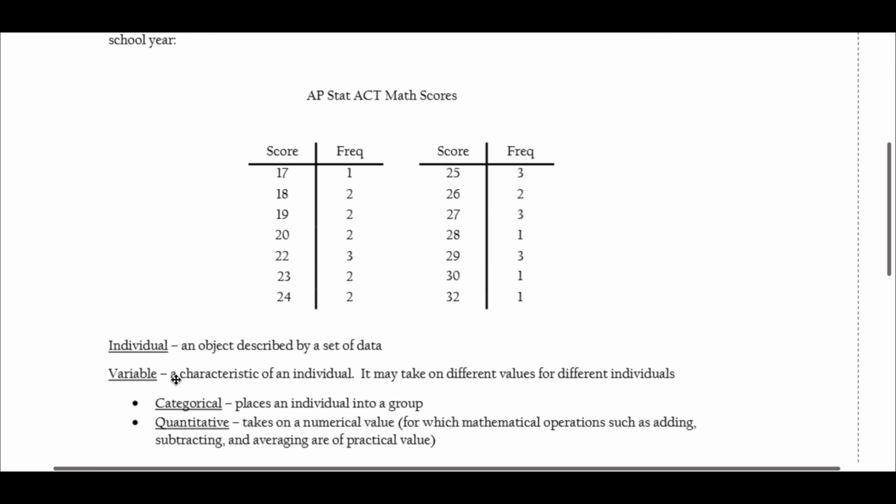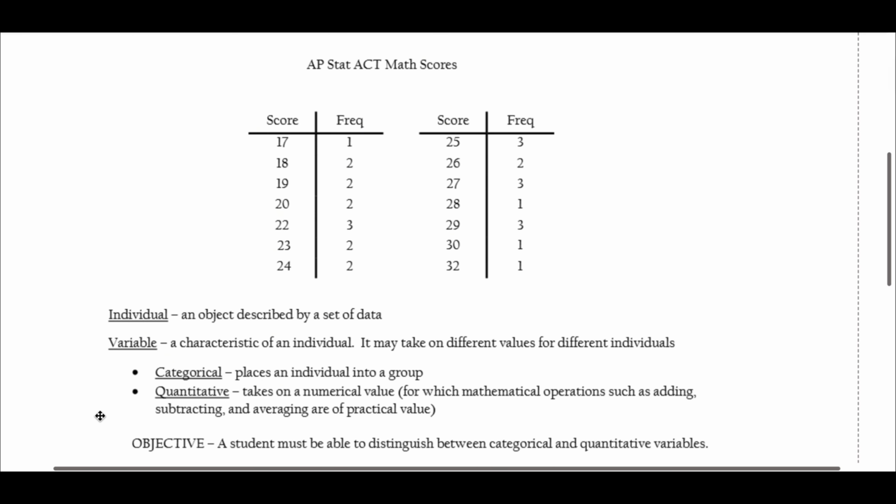In the opposite, with quantitative variables, you use numerical values a lot, and you can add, subtract, and do every mathematical operation, which you cannot do for categorical variables. And the objective is that a student must be able to distinguish between categorical and quantitative variables, which is our purpose.